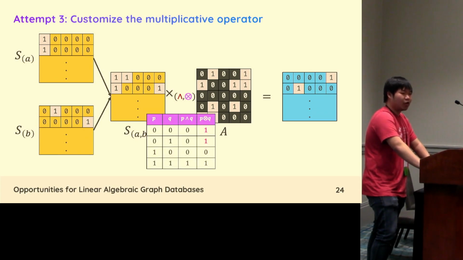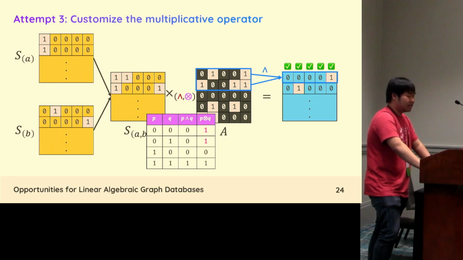The new multiply operator is represented as a truth table on the screen, in which we base it on the logical AND operation. But if we recognize that the element on the left-hand side is zero, we return 1. And since 1, when we apply logical AND with any element, gives you that element. So by giving this new multiply operation, we can now achieve the common neighbors result.